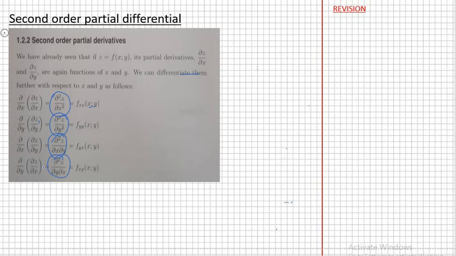You simply need to apply the first derivative of that function with respect to x, so you get a certain function, and then you derive that function again, but with respect to y.